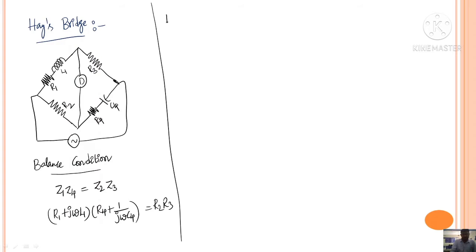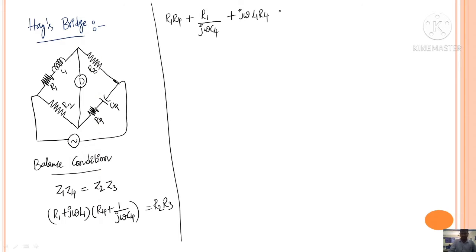So what is the first term you will get? It is R1 into R4. Second term is R1 by j omega C4. Third term is j omega into L1 into R4.